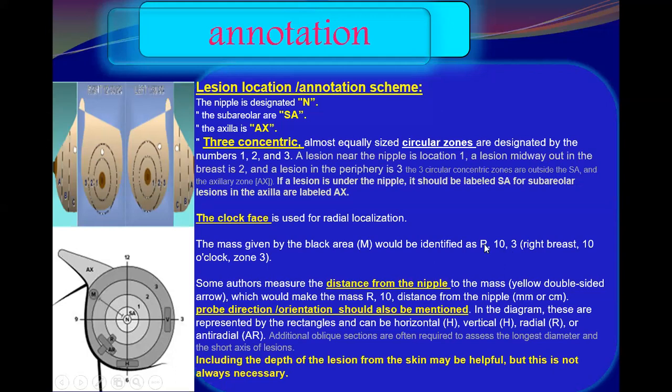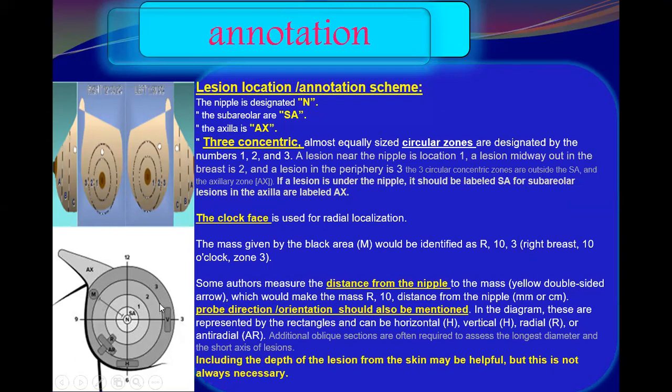They put R10-3. That means it is right breast at 10 o'clock at zone 3, because it is at the periphery. This is zone 1. This is subareolar. Zone 1, zone 2, zone 3, and the axillary tail and axilla are not included in zone 3.